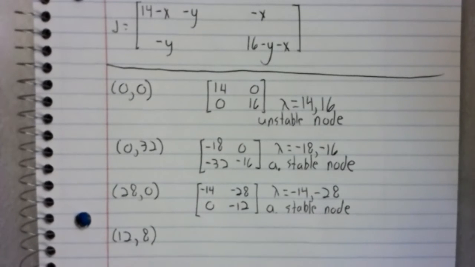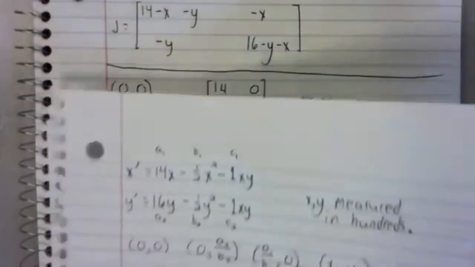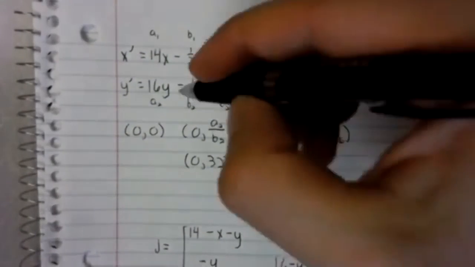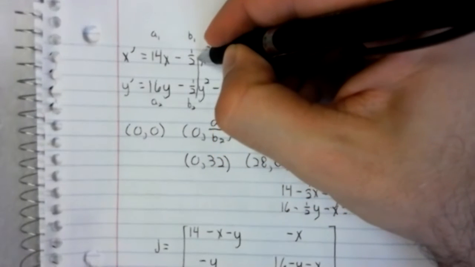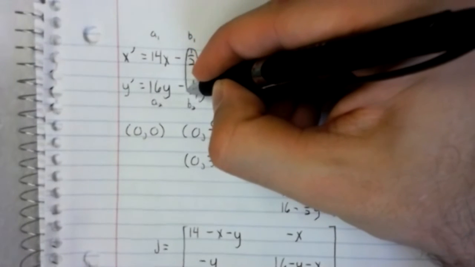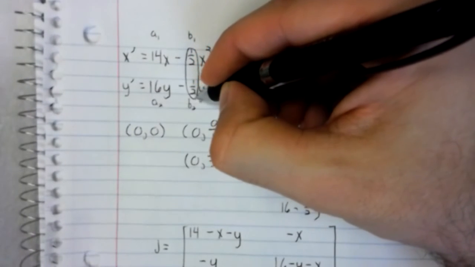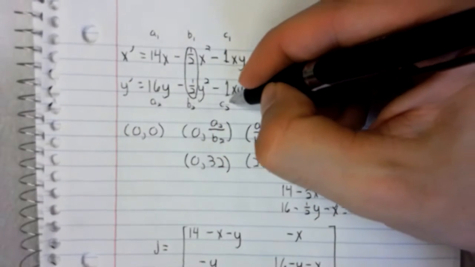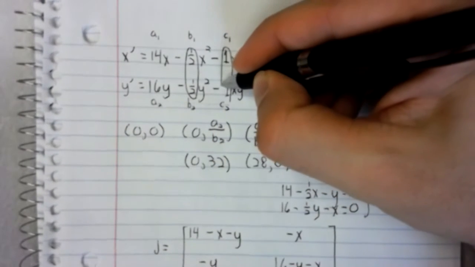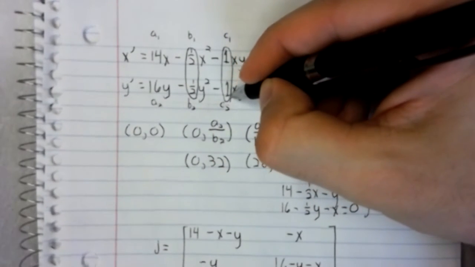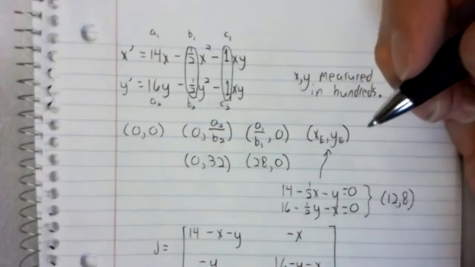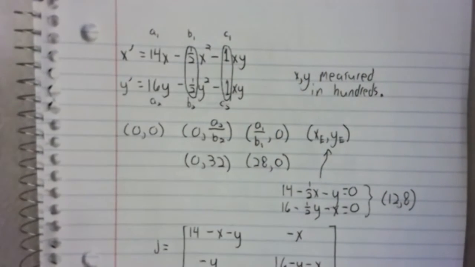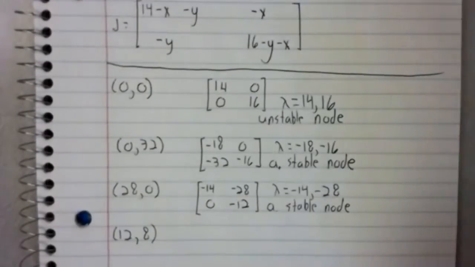Before we do anything, let's apply our theory. The intraspecies competition terms are both 1/2. The extraspecies competition terms are 1.